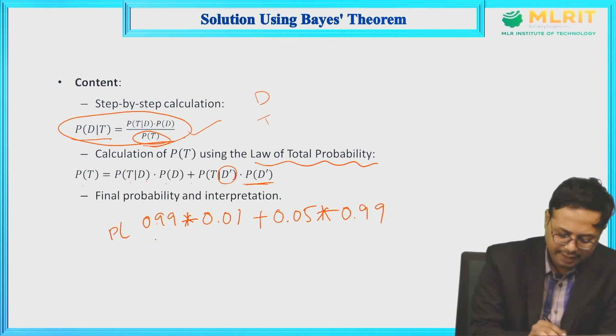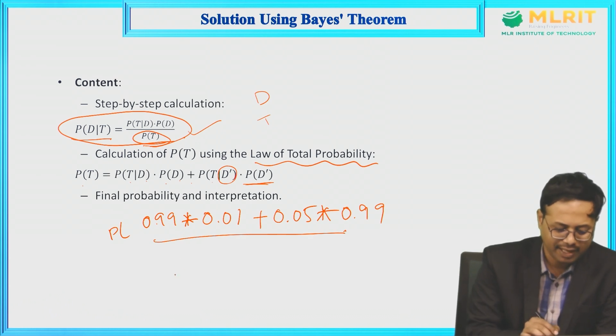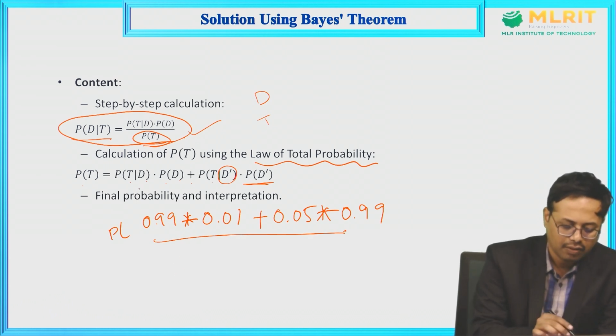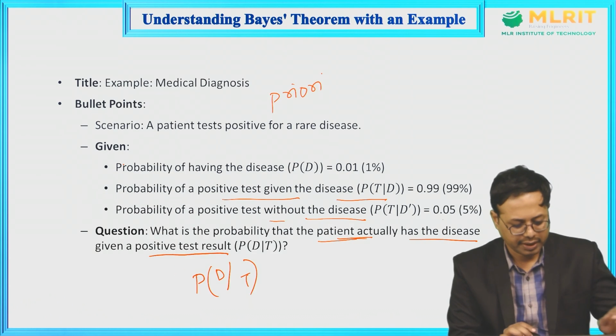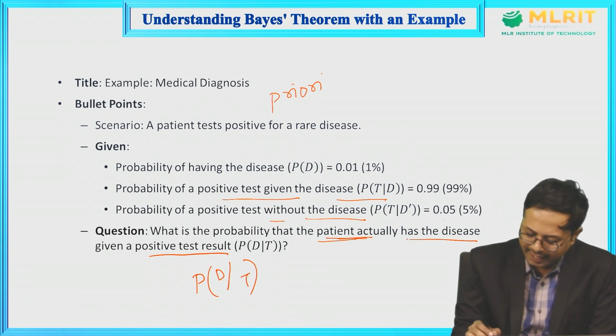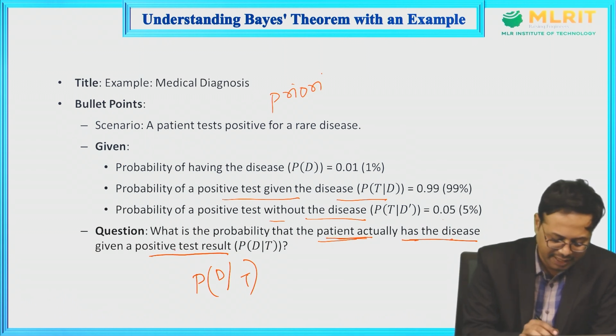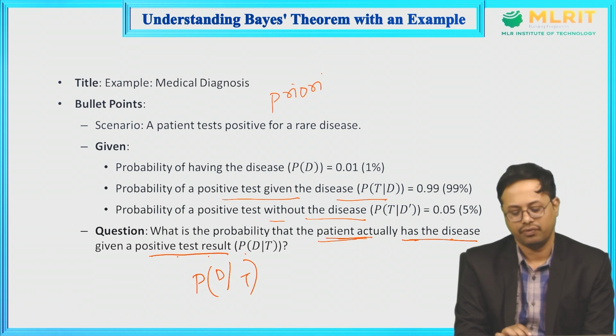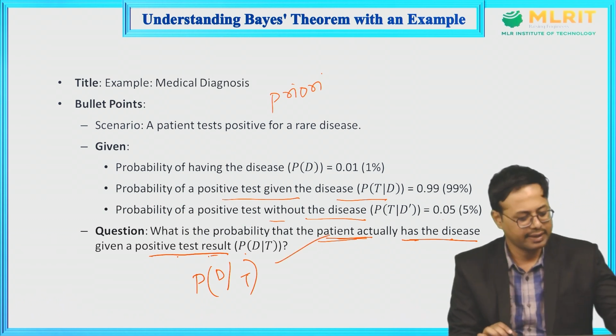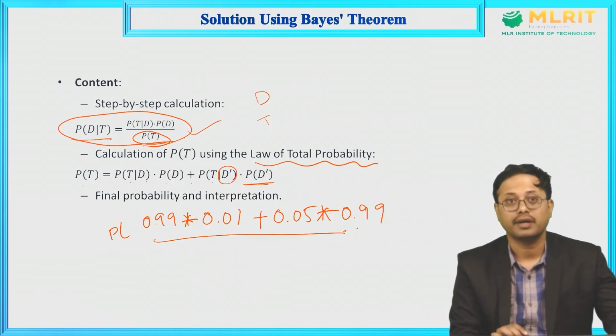You multiply this and you will get the resultant value. What is the question? The probability that the patient actually has the disease given a positive test result. You will get the solution of that.